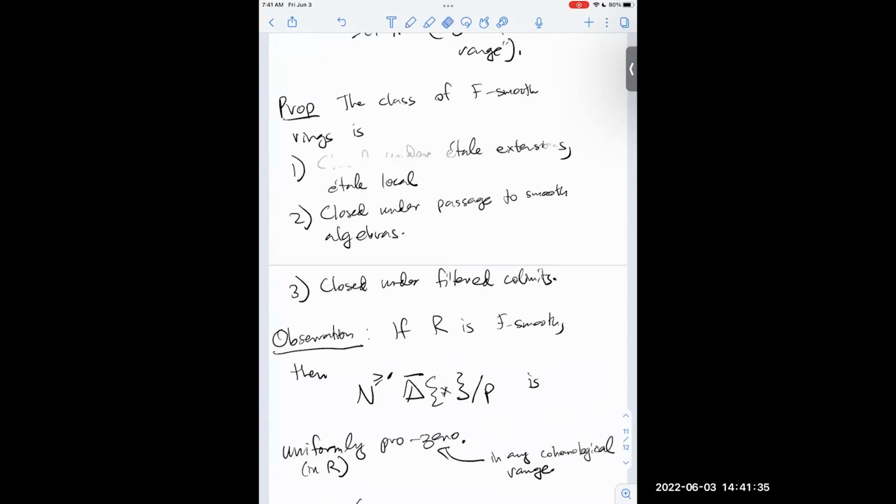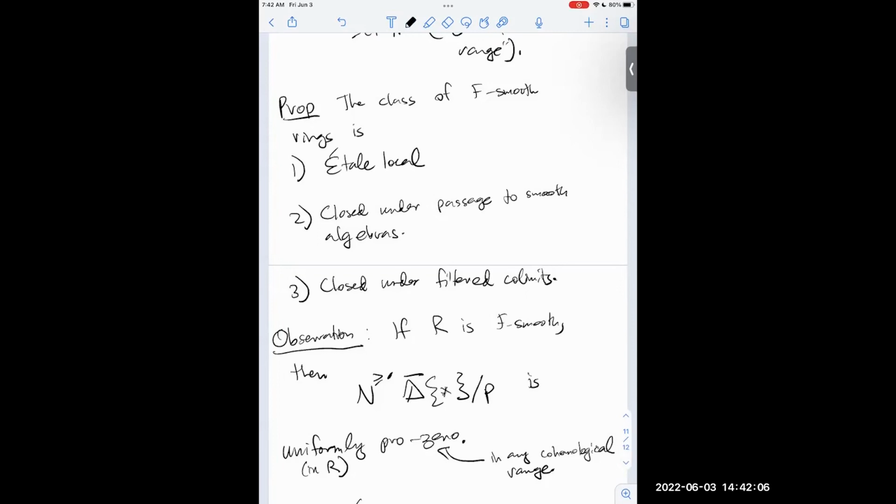Let me put it this way: you can say it a little bit stronger. It's closed under p-completely flat, relatively perfect maps. But in particular, it's étale local. So I was a little bit redundant here. Thank you for catching me.